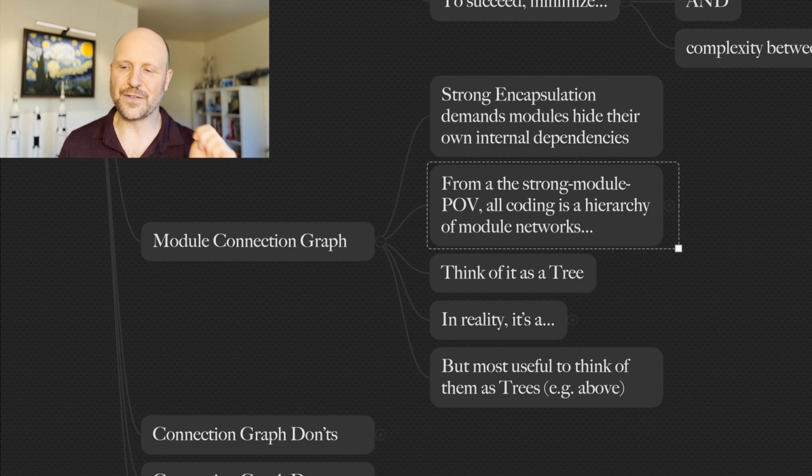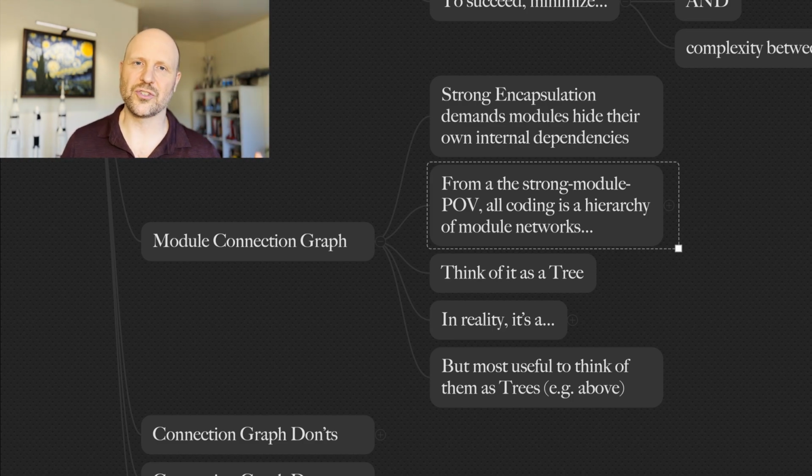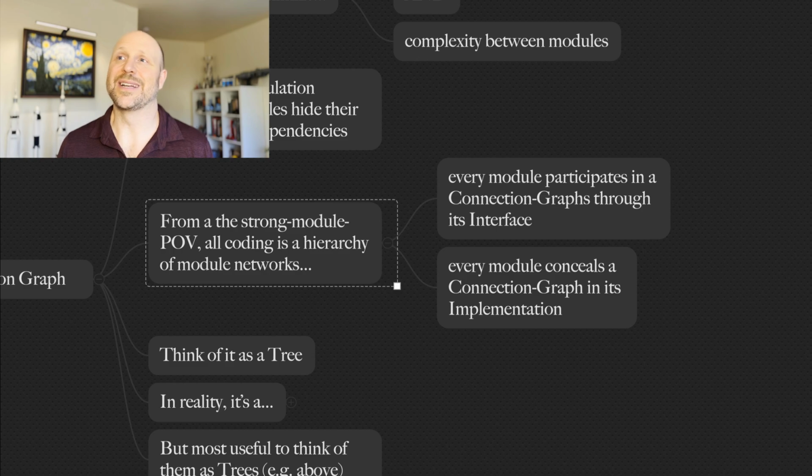If you recall, a few episodes back, we went into the grand view of the whole modular hierarchical structure. The insides of our modules are themselves a modular network, and the place where our modules are used is also a modular network. So I just said here, every module participates in the connection graph through its interface, and every module conceals a connection graph in its implementation.